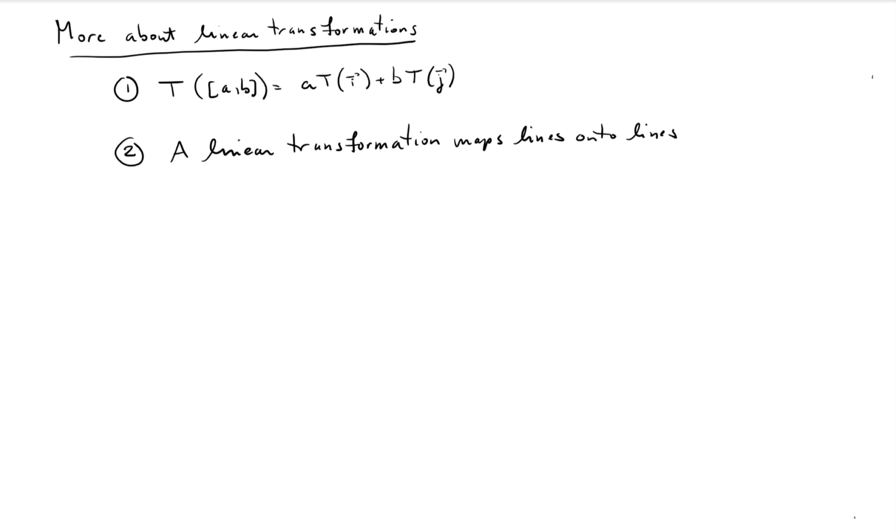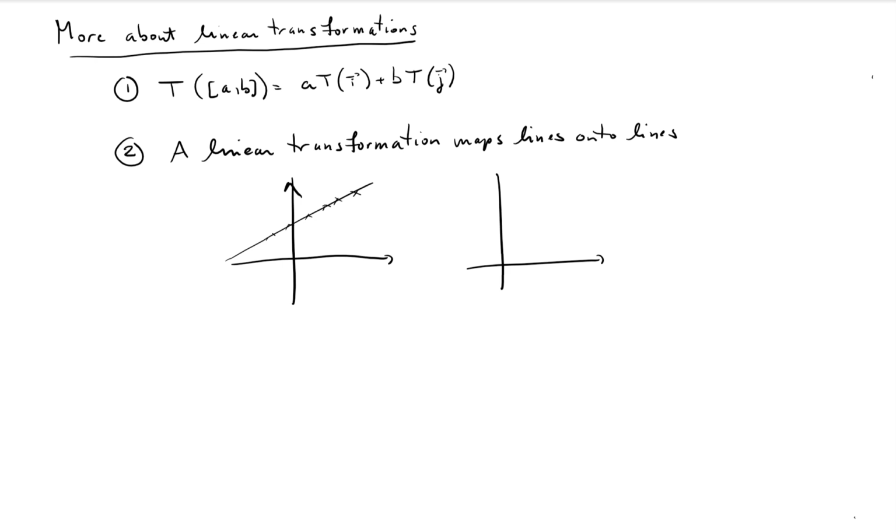The second property, or a special property, of linear transformations is that it will map lines onto lines. So if I've got a linear transformation from R2 to R2, points are mapped onto points. Let's say I've got a line like this, which has a whole bunch of points.